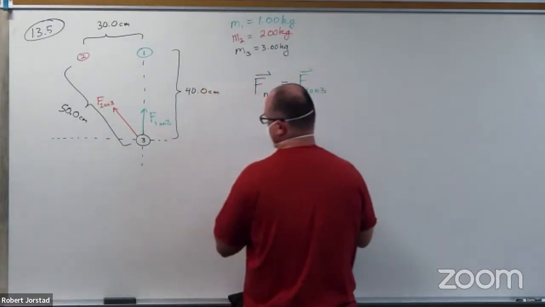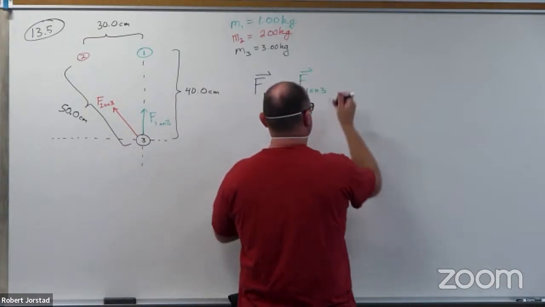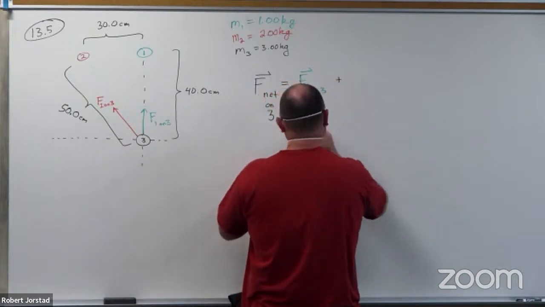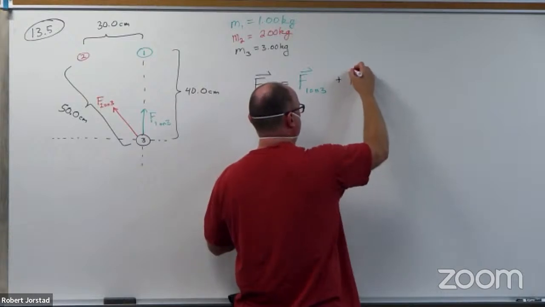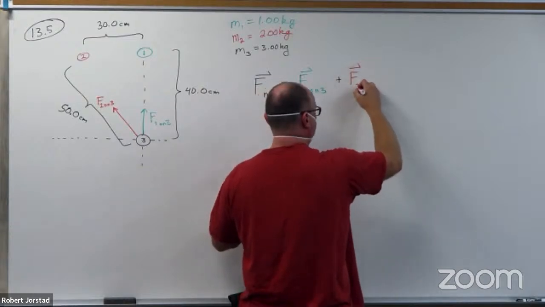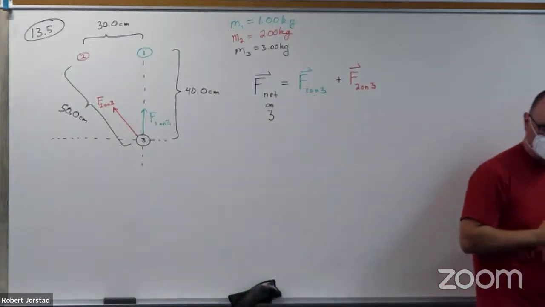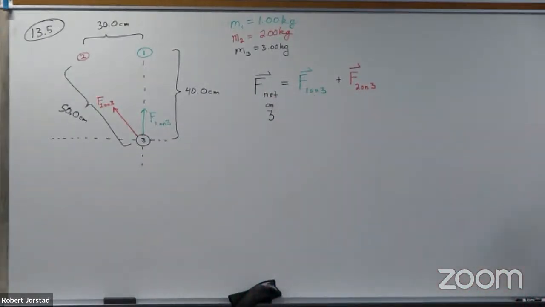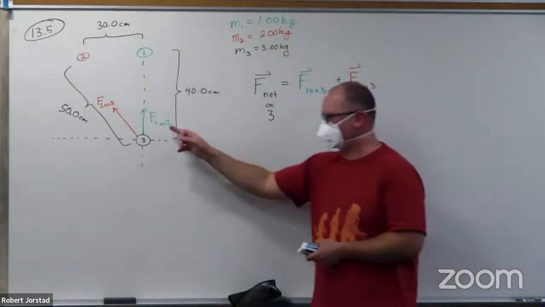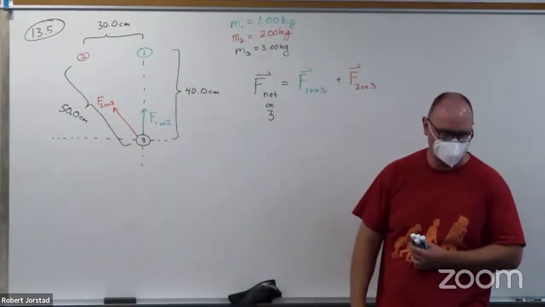Every year, it happens where people forget this one step of including the vector because they're in a hurry. Understandable. You've got to do the vectors to get the answer right. If you just add these magnitudes, you're never going to get it.